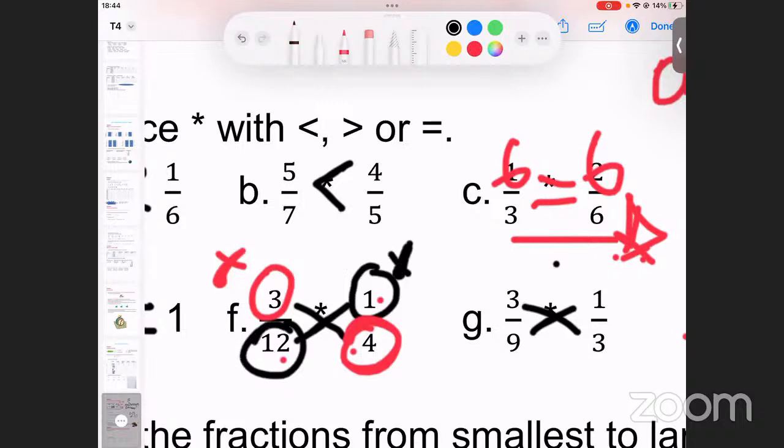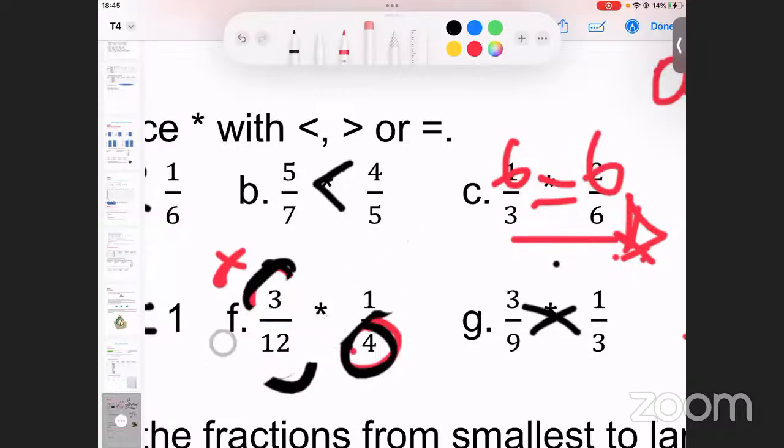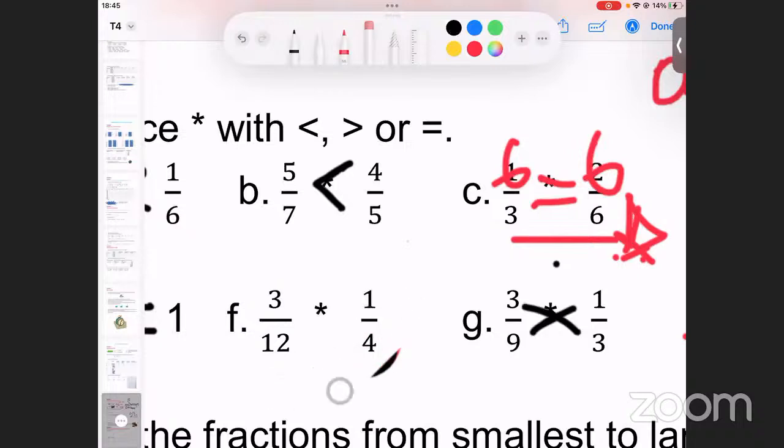So not 12 multiplied by 3 and 4 multiplied by 1, but crossing. That's why they say cross multiply, because you are crossing these multiplications. So I'm going to ask you to restart doing it, and let's see.